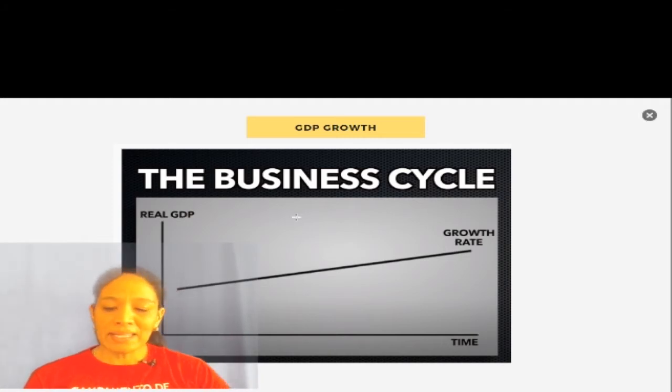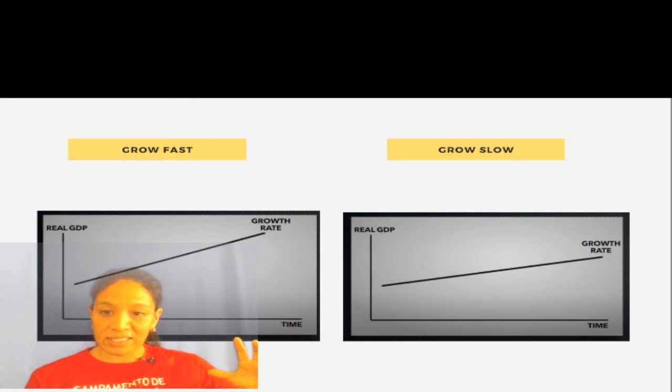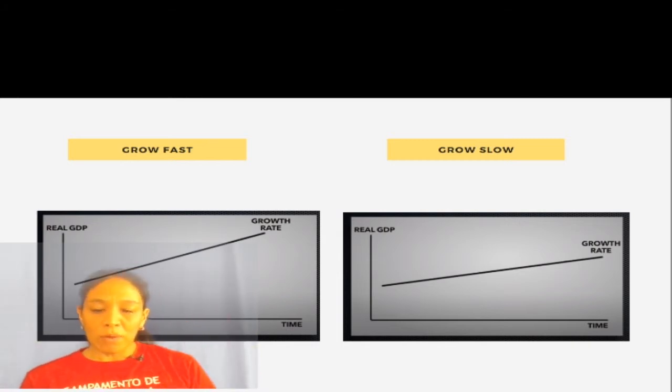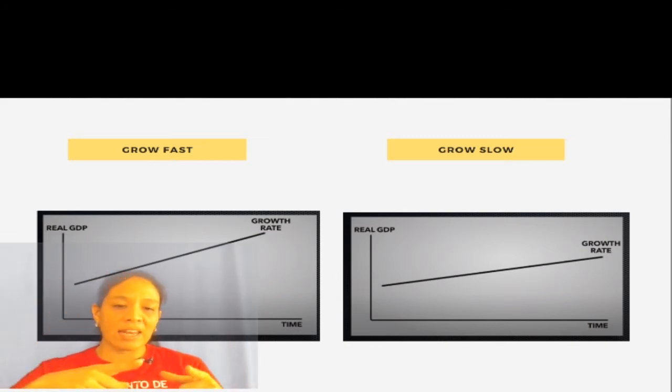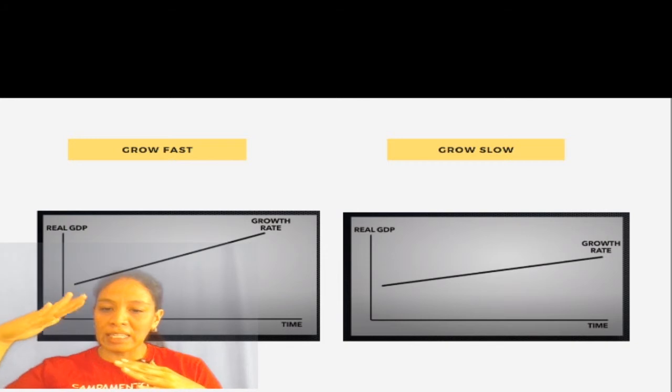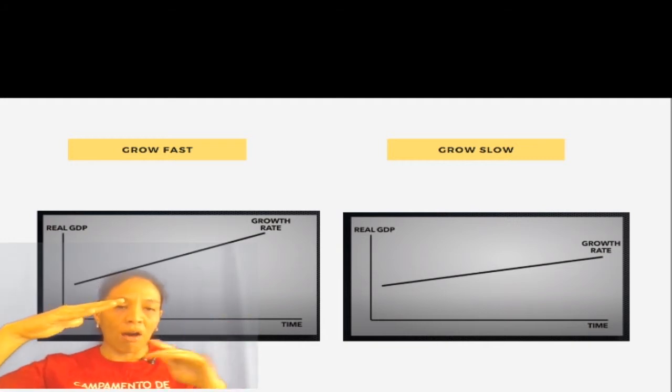Now, what happens is that in some economies, they grow very fast and others grow very slow. If you have a very fast growing economy, the slope is higher and that gives you a more inclined curve, just like the one you're seeing on the left side of your screen.